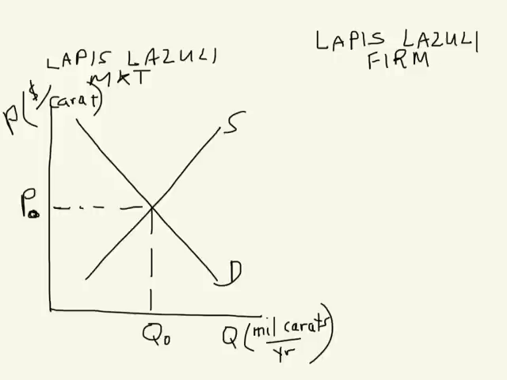And so we have this problem when we want to conduct market and firm level analysis at the same time. The market analysis happens at the scale of the whole market, millions of carats. Carats is the weight in which these stones are measured.